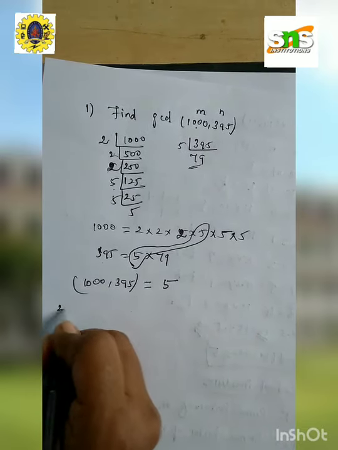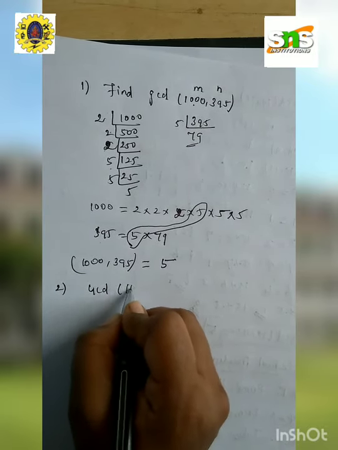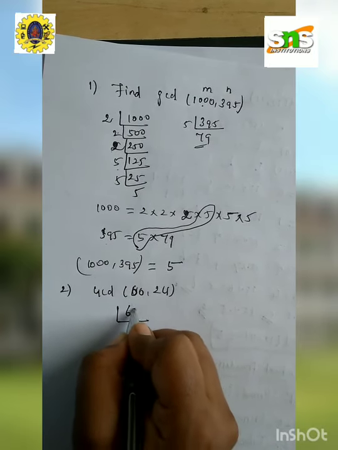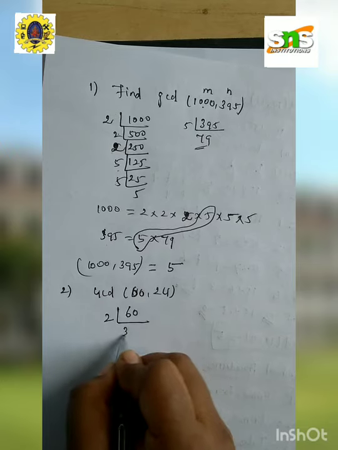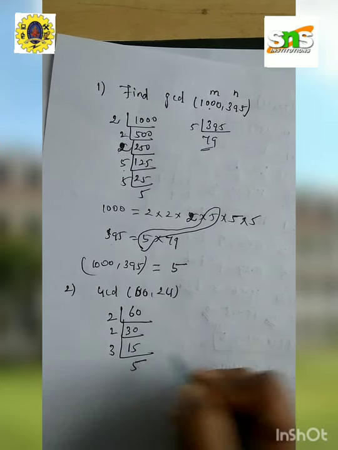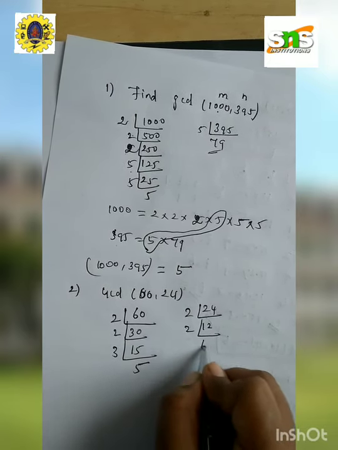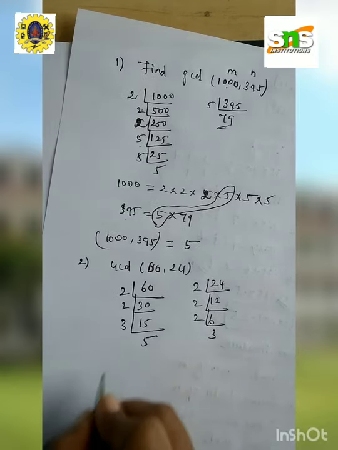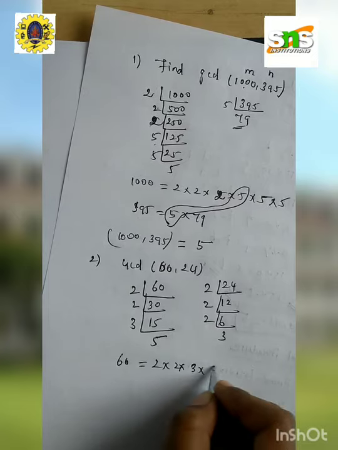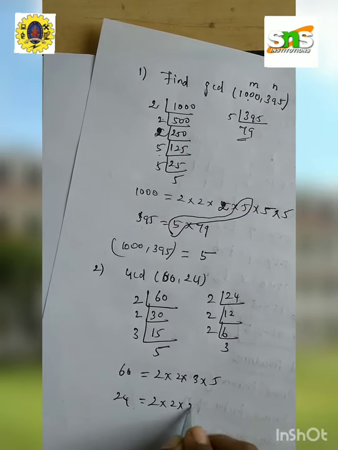Next, the second example is a simple one: GCD of 60, 24. Take the prime factors of 60 separately: 30, 2, 15, 3, 5. Then 24: 2, 12, 2, 6, 2, 3. So write the prime factors of 60 as 2 into 2 into 3 into 5, and 24 as 2 into 2 into 2 into 3.